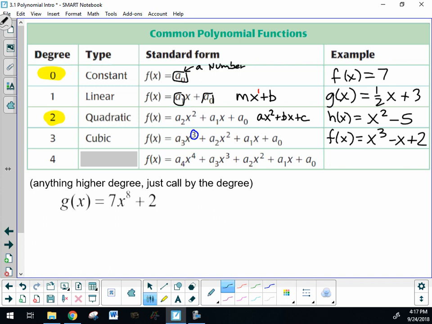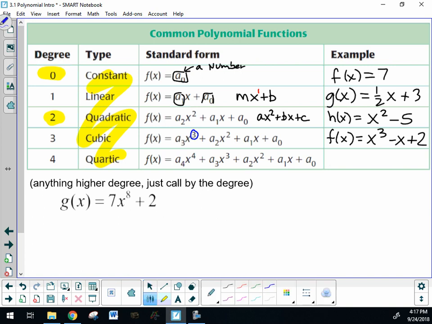Just fits better if I do a 0 for one of them. Last type, degree 4, is quartic. Now we do kind of expect you to know these words to describe them. It's more about you knowing what I'm talking about, though, if I say this is a cubic equation or this is a quartic equation, that you know what I'm telling you is the power of the polynomial.